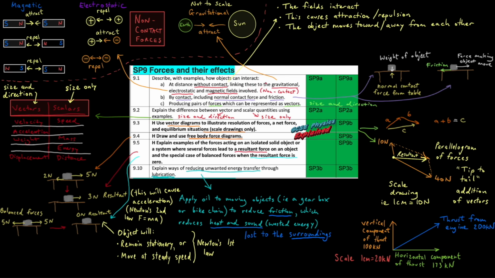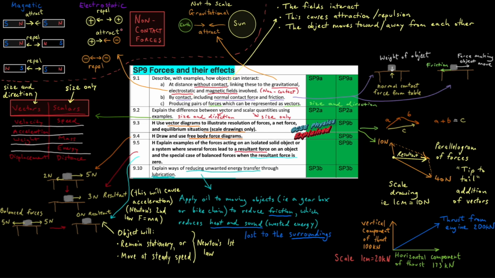So what you say is that the fields interact, so that's either the gravitational field, the electrostatic field, or the magnetic field. This causes attraction or repulsion, and the objects move toward or away from each other. So that would get you up to 3 marks.